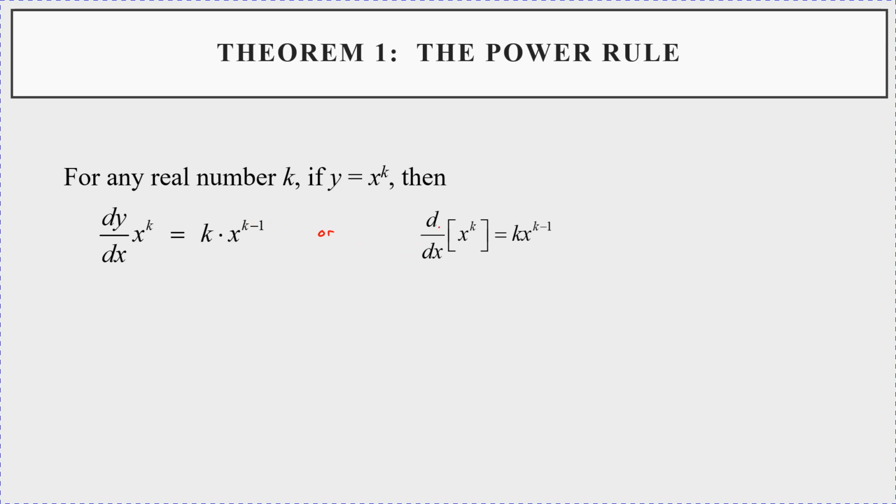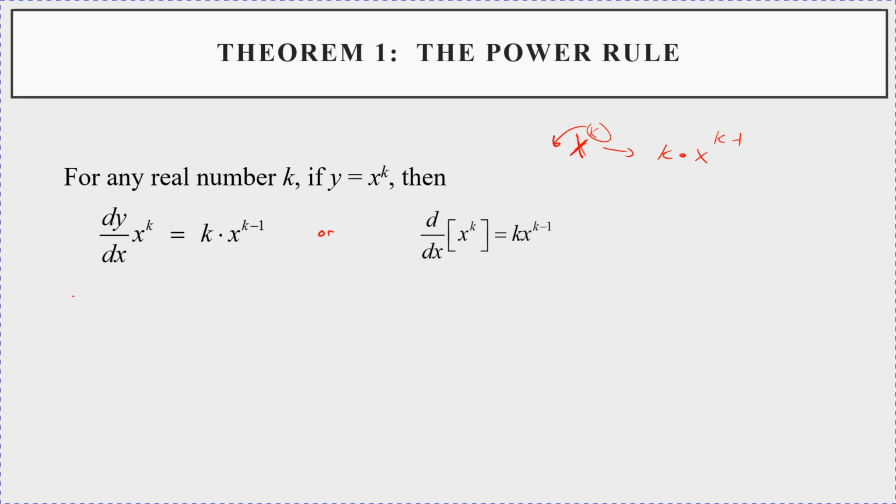Or in similar notation, I would say take the derivative with respect to x of x to the k. I know it seems silly, but if you have x to the k, to find the derivative of any function of this form, you take the k, bring it down in front, then multiply it by x to the k minus 1.